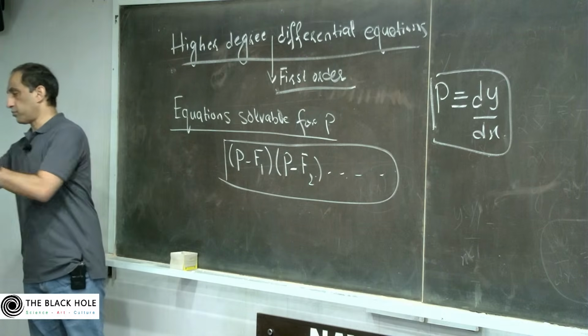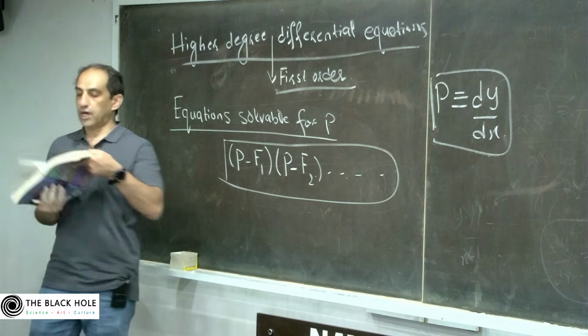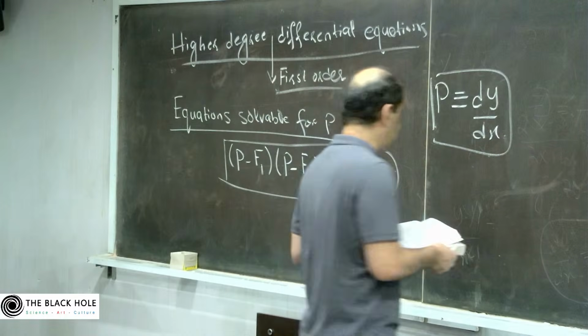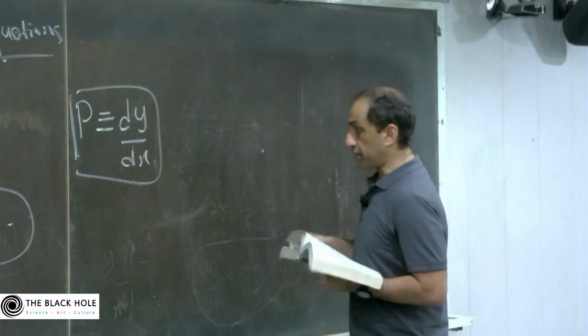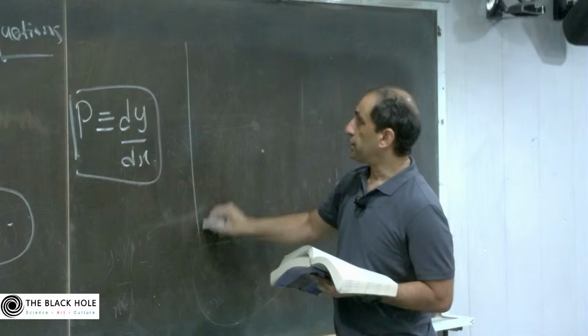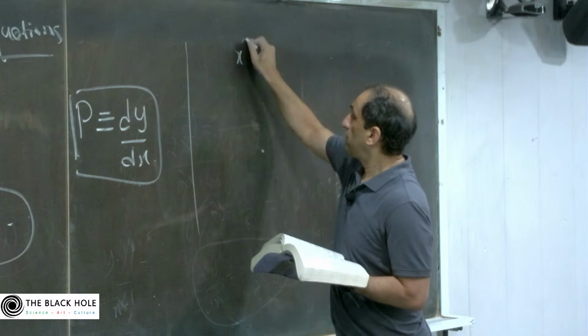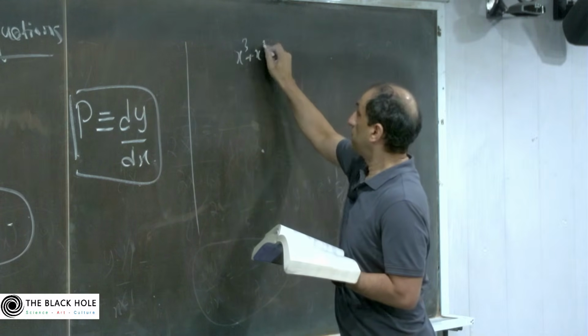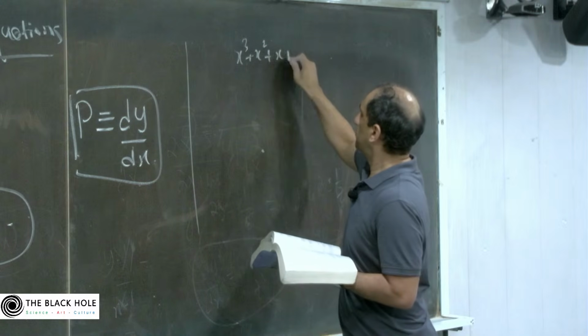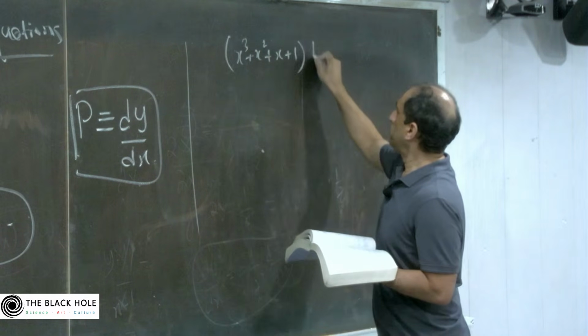So let me write down the equation, and then I'll also write it down without P so that you can immediately understand the advantage. So this is the equation.